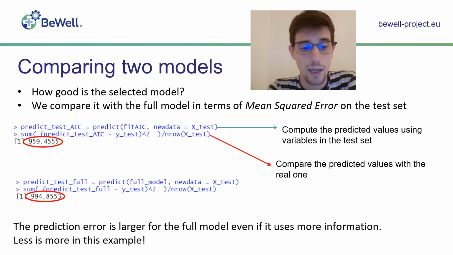If we have a look at the numbers, we notice that the lower, hence the better one, is the one obtained using AIC. Hence, we outperform the full model even if we are using less information. As they say, this is a case in which less is actually more.